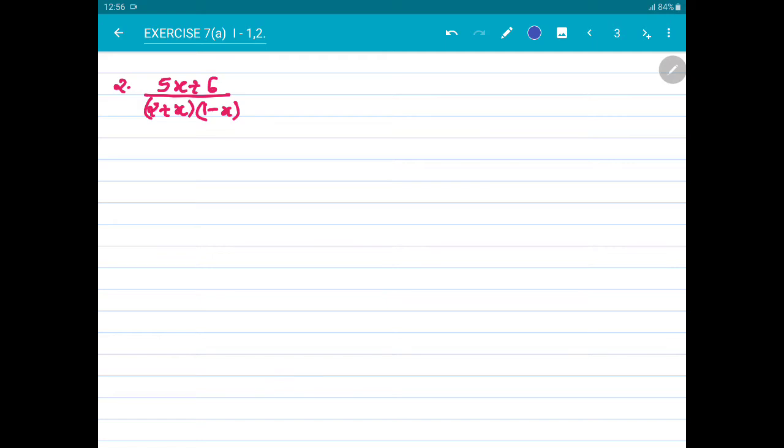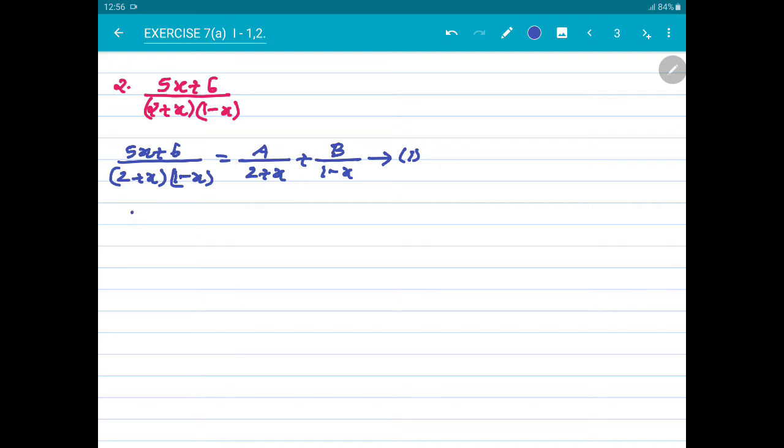Second question: (5x + 6)/((2 + x)(1 - x)). Let (5x + 6)/((2 + x)(1 - x)) = a/(2 + x) + b/(1 - x). Suppose this is equation number 1.